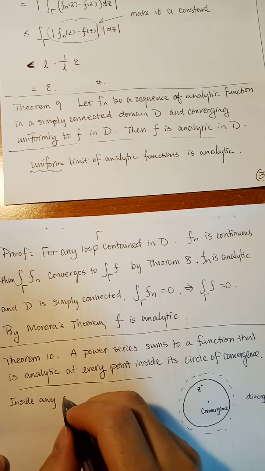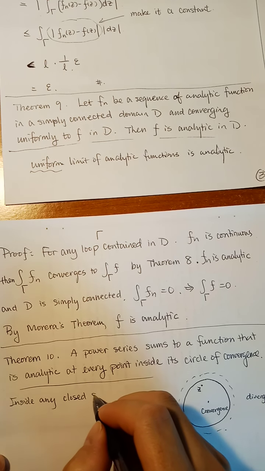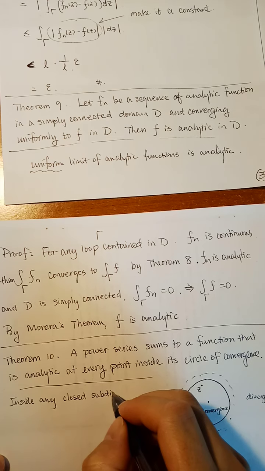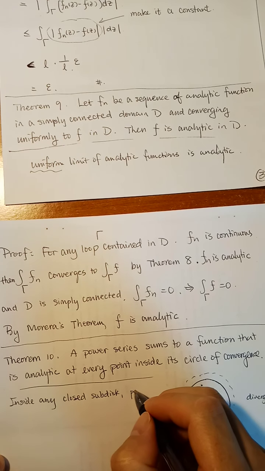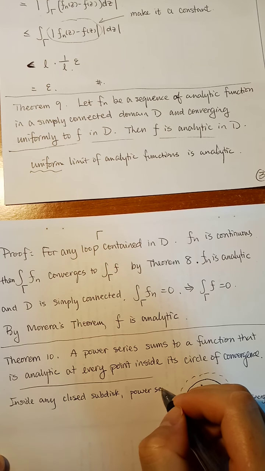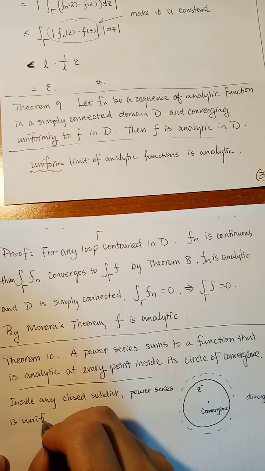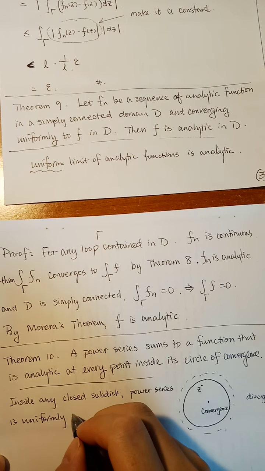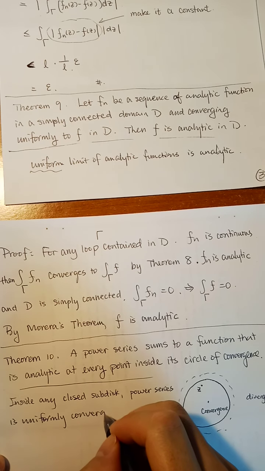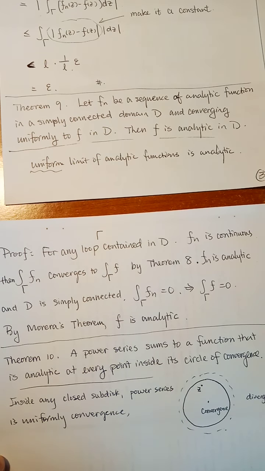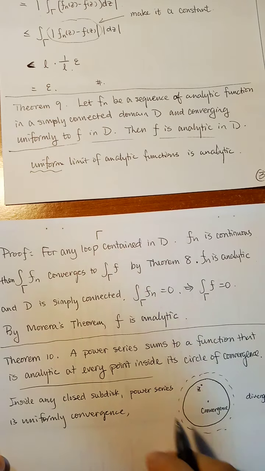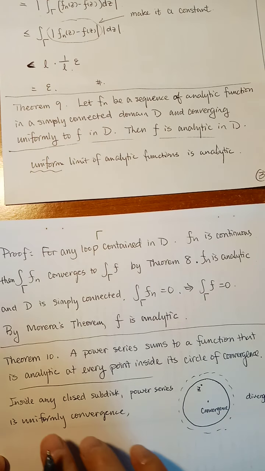Inside any closed subdisk, the power series is uniformly convergent. Only inside the open disk it is not uniform.